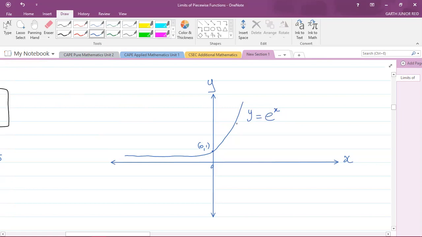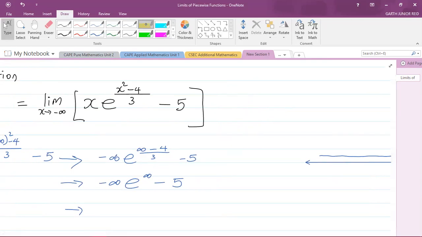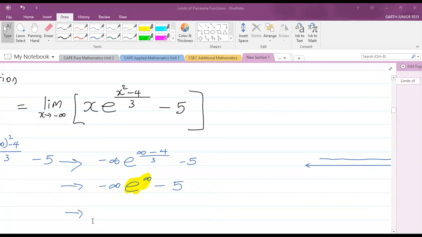If you're approaching positive infinity, this graph continues on and on. Remember that we have e to the power of infinity here, and this is the graph for e to the power of x.